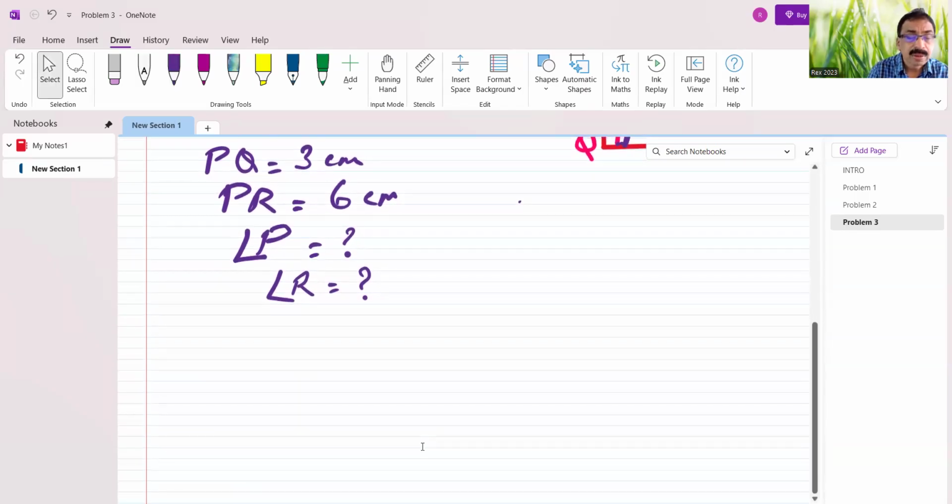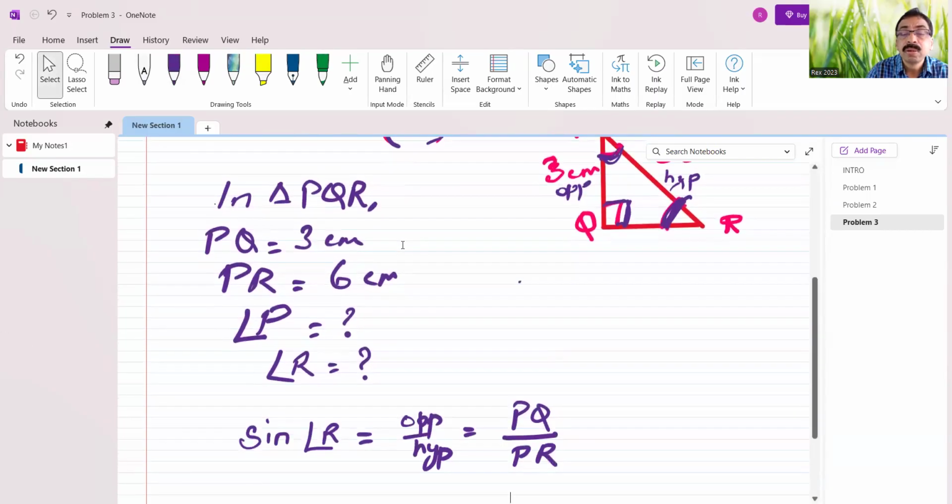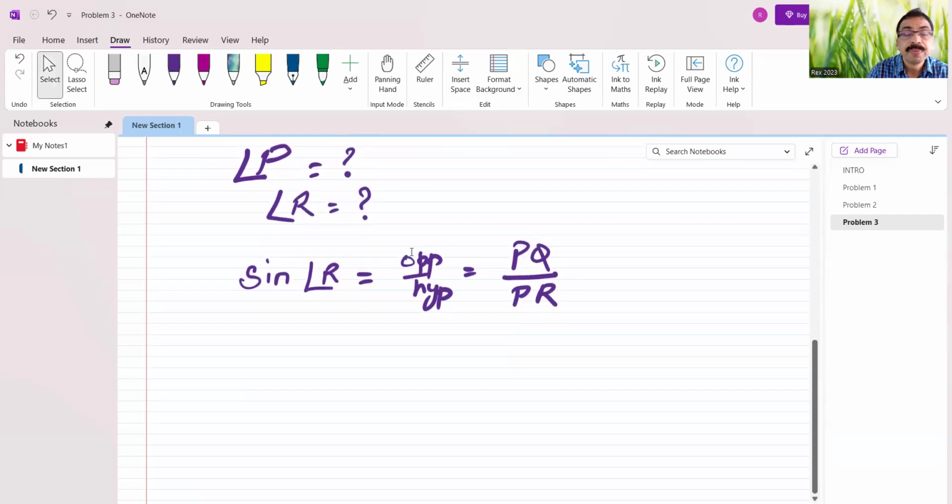So here I write sine of angle R is equal to opposite by hypotenuse. Opposite is PQ and hypotenuse is PR.